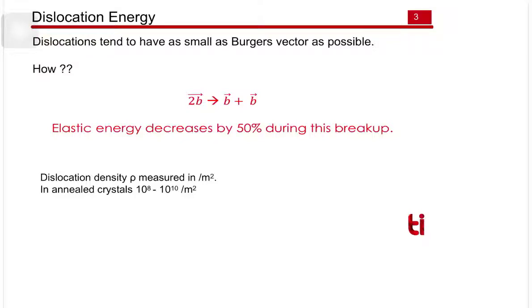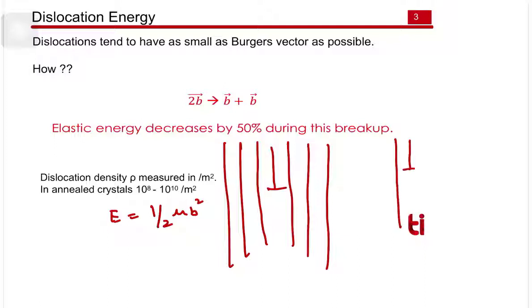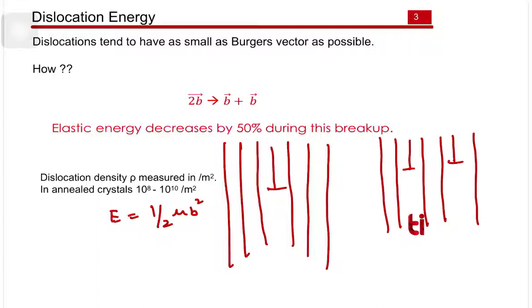Let us suppose you have a crystal which is having one dislocation. The energy associated with this is E equal to half of mu b square. In another case, suppose the material is having two dislocations.